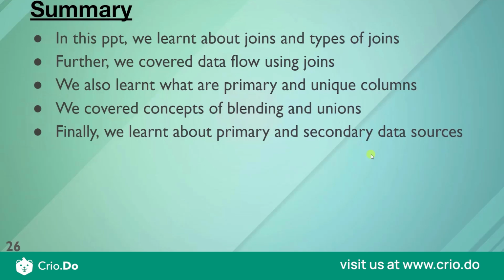Finally, we learned about the primary and secondary data sources, which we already discussed. Primary is the one with the blue tick mark and the secondary is the one with the orange tick mark. You can always remember it just by the colors, where you're using a primary field from your primary, and where you're using the secondary. A secondary field will always come with the orange check mark.